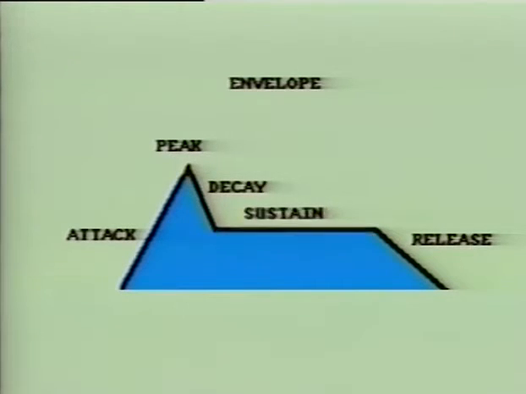Now, the sustain level is the volume level at which a note will stay for as long as you hold your finger down on the key. If you hold your finger on the key for 30 seconds, the note's volume will remain at the sustain level for 30 seconds. When you finally take your finger off the key, the volume level will finally return to 0 volume level at the rate of release.